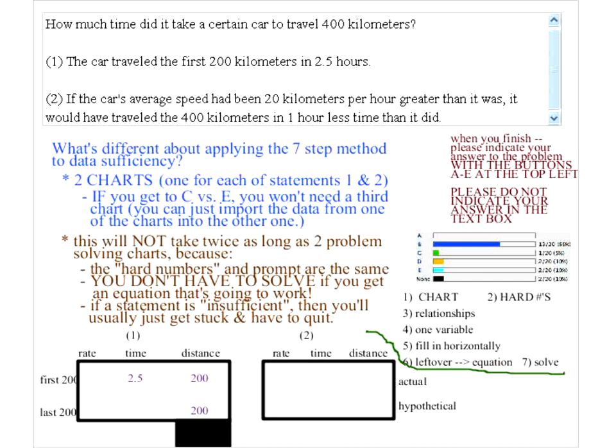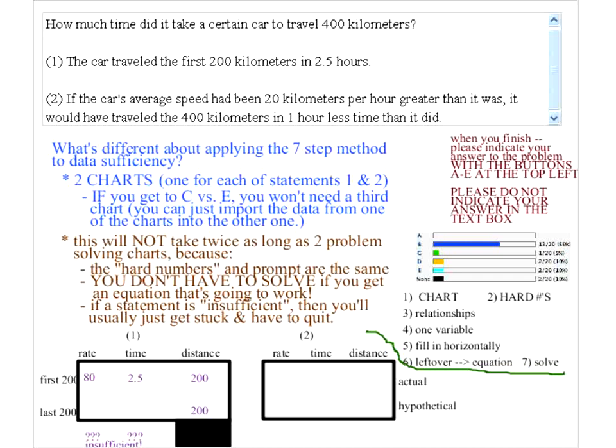But then there's no relationship at all. So that's going to be insufficient. There's no relationship whatsoever. Okay, smiley face if that makes sense. So statement 1 is not going to work.